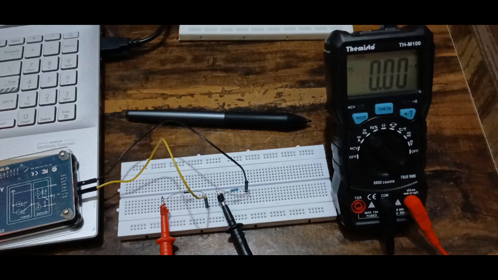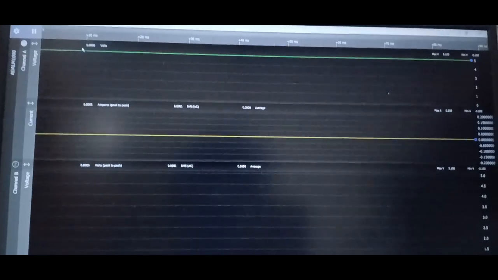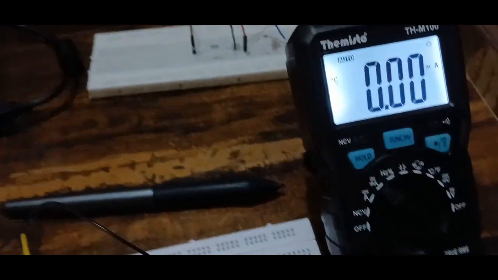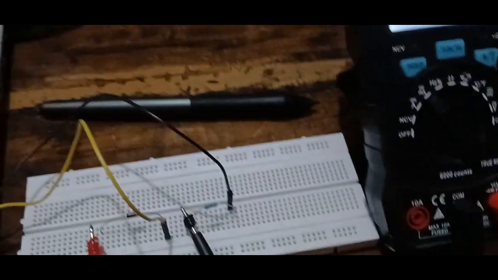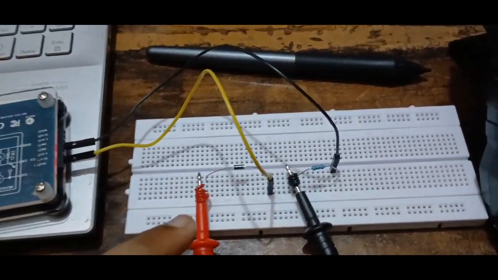So it is basically 0, right? So basically at 5 volt, the maximum voltage, our multimeter shows 0 milliampere current. So this is basically 0. This diode doesn't operate in the negative region.